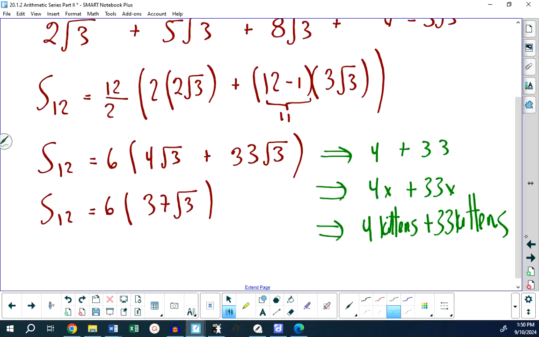You're adding the things together because they are similar terms. And now we can go 6 times 37 times root 3. I don't know what 6 times 37 is. I think I do, actually, but can you work it out? I want to say 222. Is that right? Okay, so this is S12. This is 222 root 3. And we want to leave it that way. We don't want to calculate it as a decimal because the square root of 3 is an irrational number. Okay.